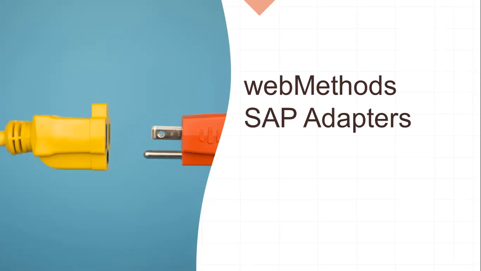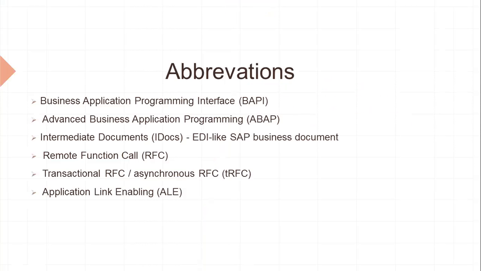I'll go through some abbreviations which we will see in this PPT. These are the general abbreviations: BAPI, ABAP, IDOCs, RFC, TRFC, and ALE.